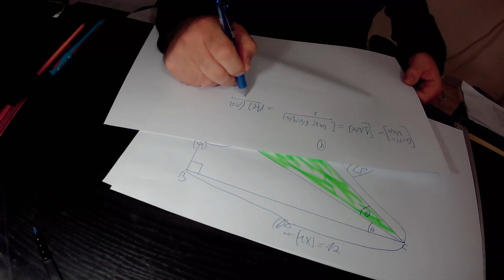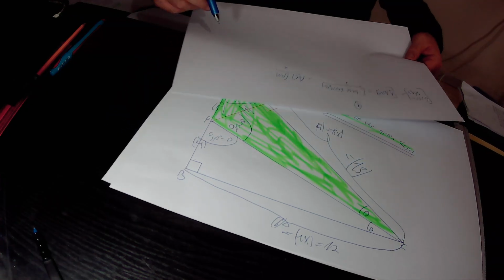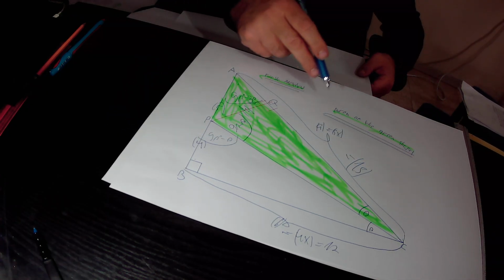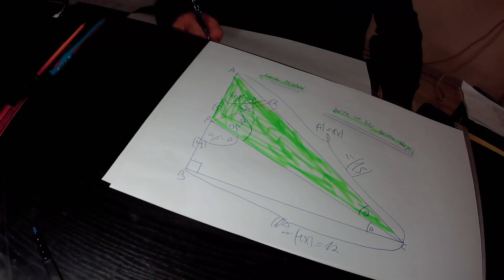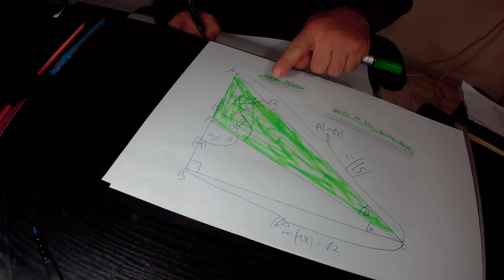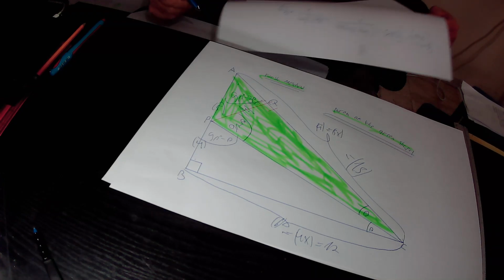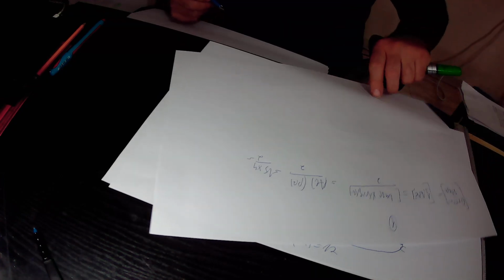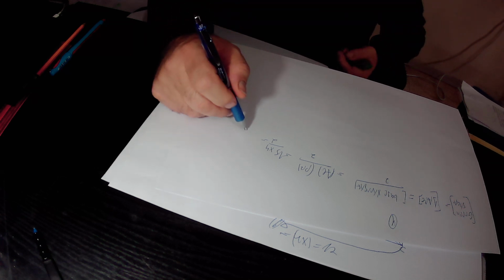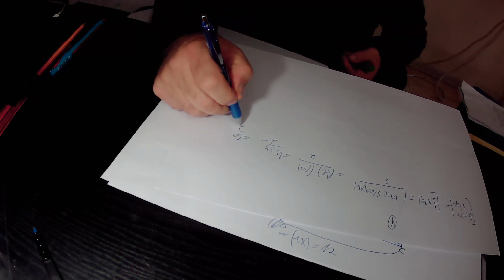In total, we found out that the area of the green shape equals the base AC, that is 15, times PQ, that is 4, divided by 2. So the green shape equals 15 times 4 is 60, 60 over 2 is 30.